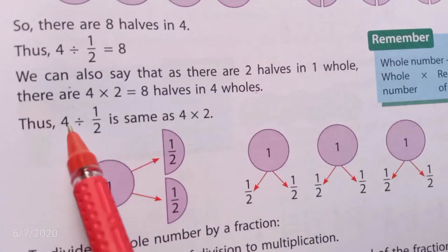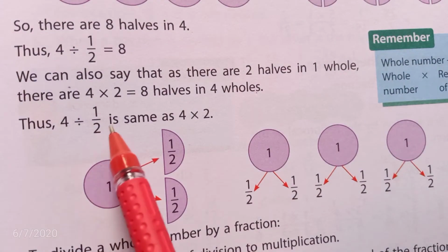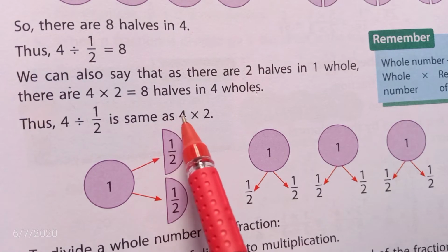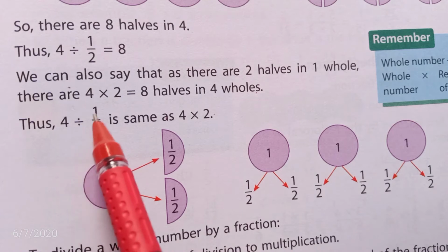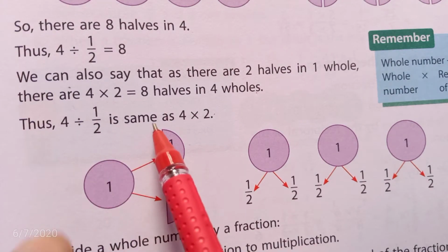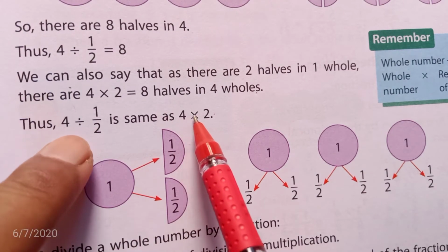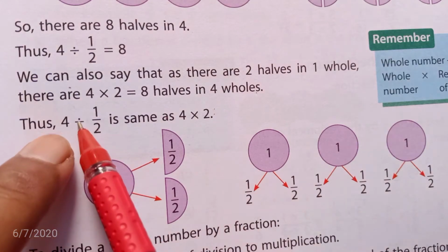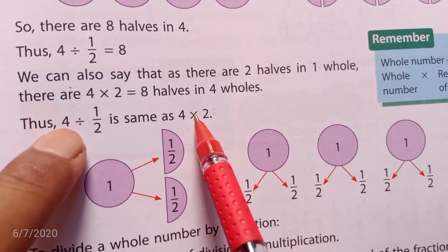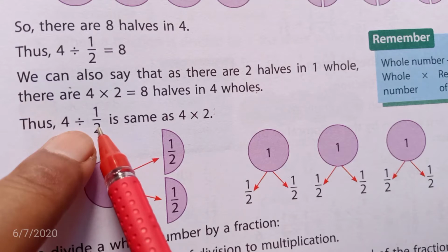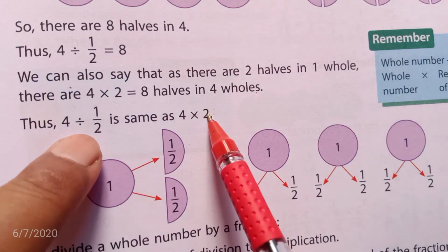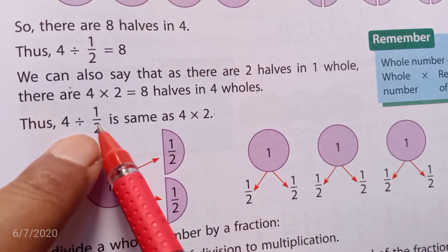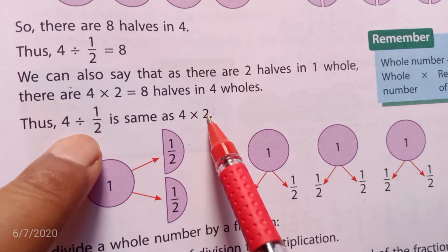Thus, 4 divided by 1 by 2 is same as 4 into 2. So you saw students, 4 divided by 1 by 2 equal to 4 multiply by 2, means division converted into multiplication, and 1 by 2 converted into 2, means the reciprocal of 1 by 2 is 2. If you write reciprocal of 1 by 2, you will get 2.